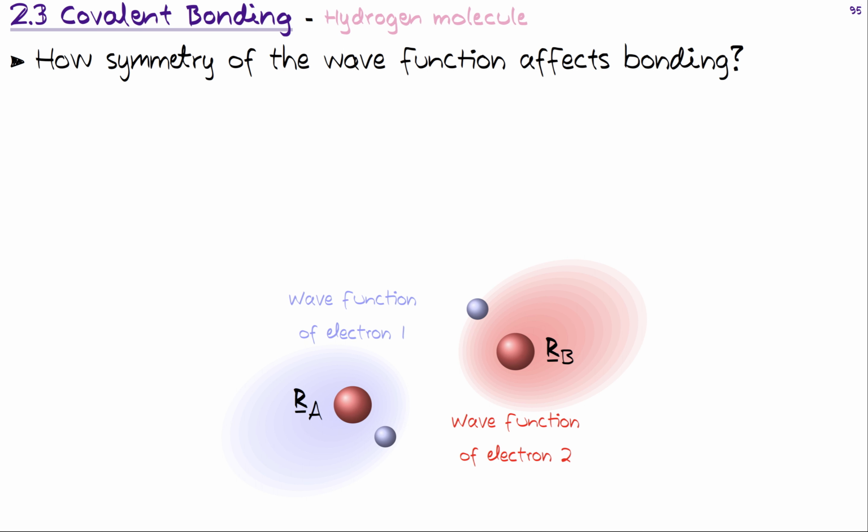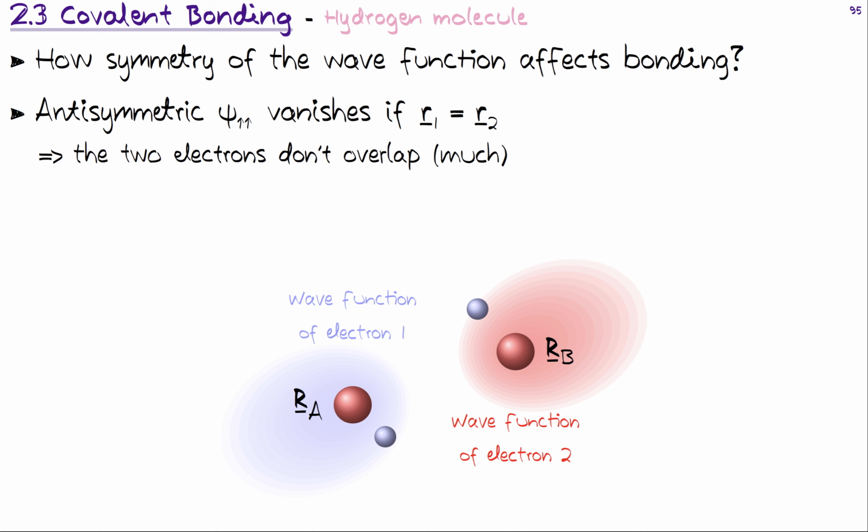What happens in the case that we have antisymmetric psi with two spins upwards? This means that the wave function vanishes when R1 is R2. Because in this case, the electron wave functions must vanish so that its symmetries remain as we require.